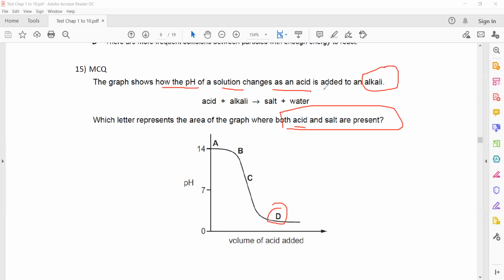It will be D. It means alkali is completely used up and you're left with acid. The only answer for pH less than 7 is D. That's why D is the right answer.